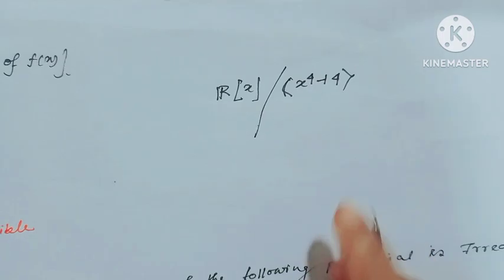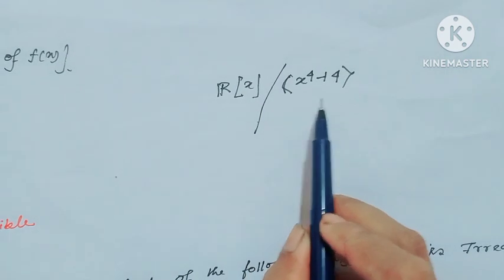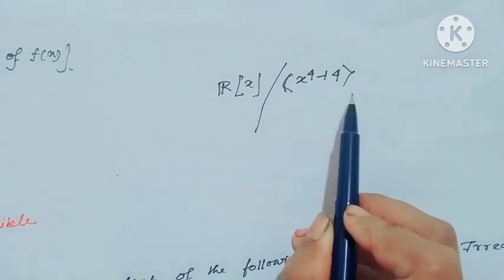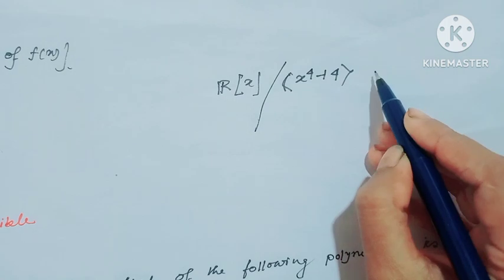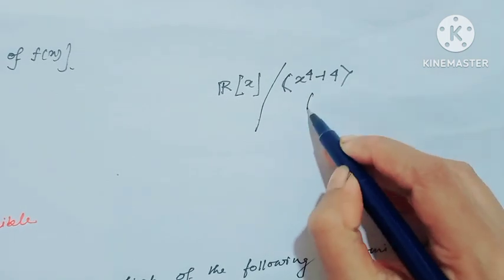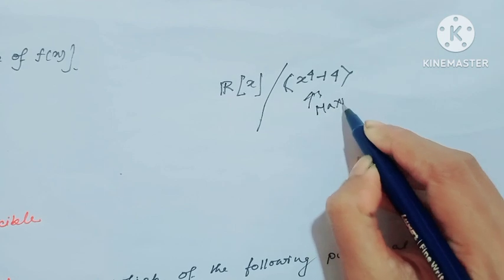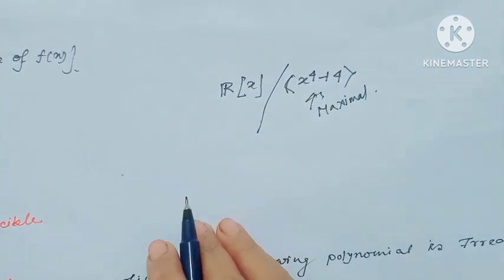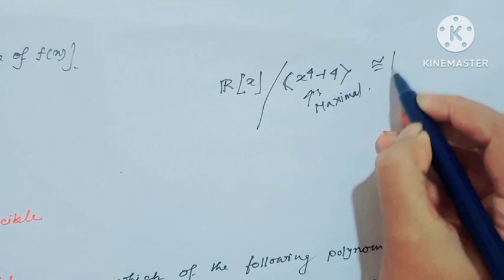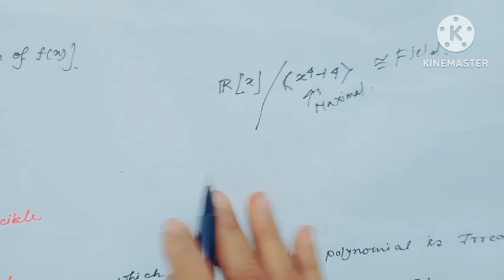Okay, see, in R[x] is the ideal generated by x to the power 4 plus 4 a maximal ideal? Notice, is this isomorphic to a field? This is my question.